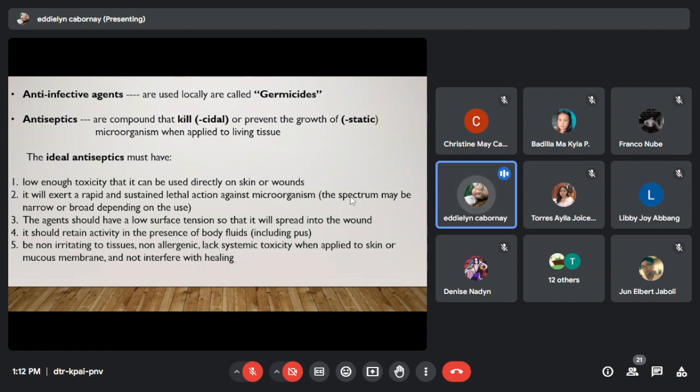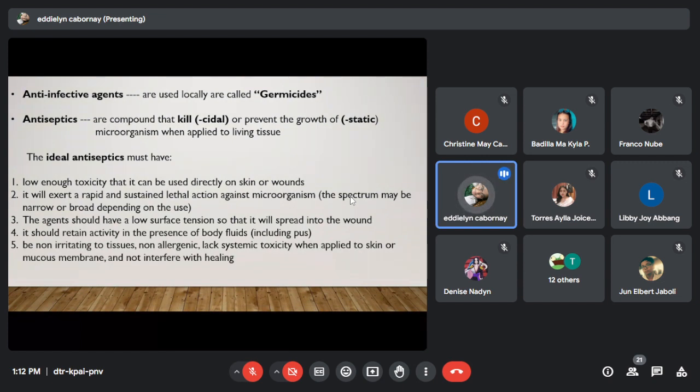The ideal antiseptic must have low enough toxicity that it can be used directly on skin or wounds. It will exert a rapid and sustained lethal action against microorganisms. Examples of antiseptics are alcohols, isopropyl and ethyl alcohol.